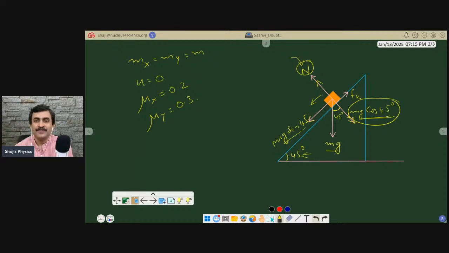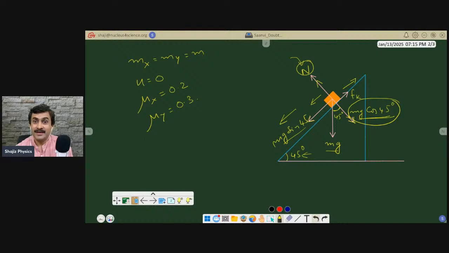Okay. Now, if we consider the forces acting parallel to the surface, we will observe that the box is sliding down with some acceleration. It will increase its speed while it moves down. Now, we need to consider all the forces. The mg sine theta tries to bring it downwards, but kinetic friction tries to oppose the motion, or pulls back the box.